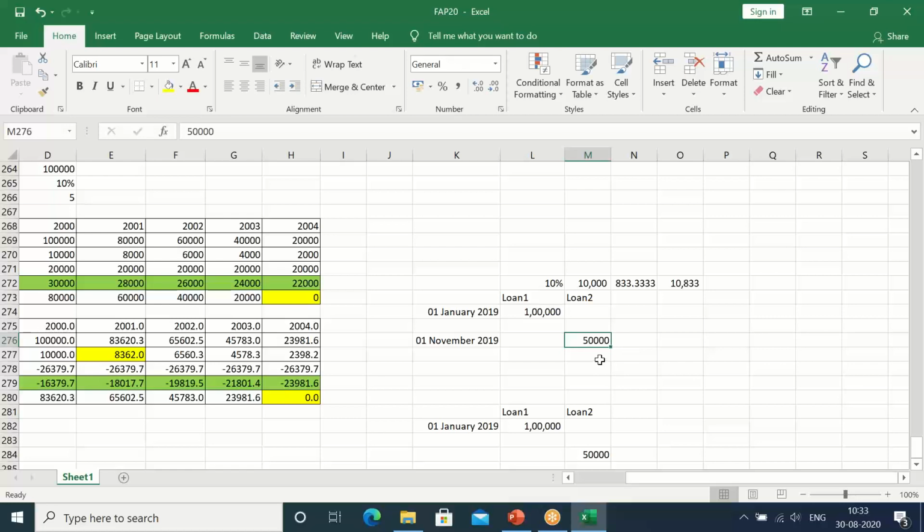For the first loan, which is this 1 lakh, this entire interest of 10,000 will be calculated for all 12 months.